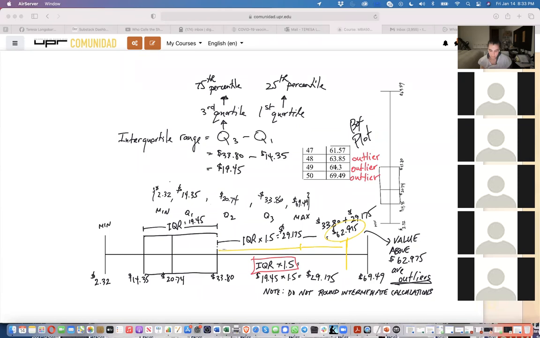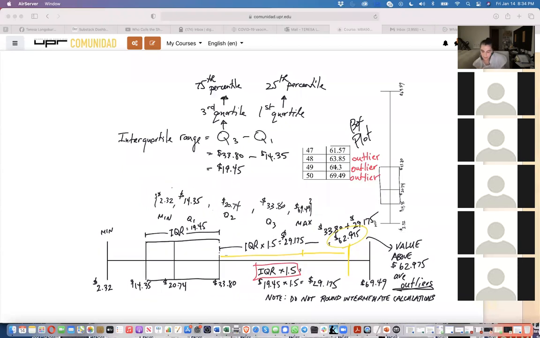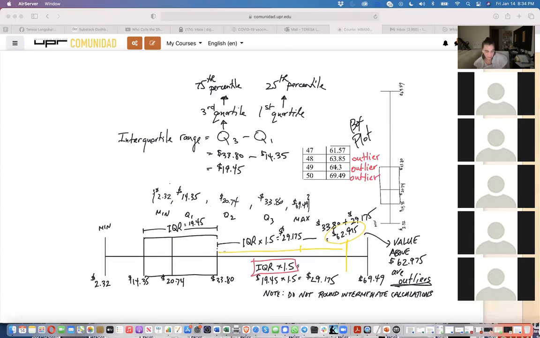Can I have a question? Yes. Can I see, or you can find the outliers? Oh, I saw the 3 outliers, but all you can recognize them. Okay, you can recognize them because they are above this number.